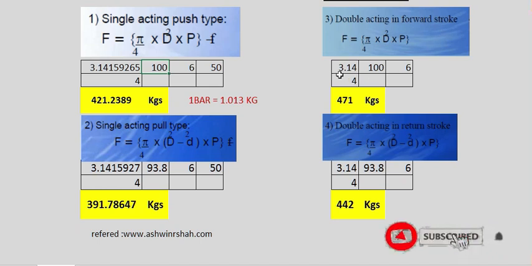Third is the same way: the diameter of the bore and the operating pressure, there is no spring, it is 471 kg. For the double acting cylinder return stroke, the piston rod diameter is deducted, then it is 93.8, then 6, same way.